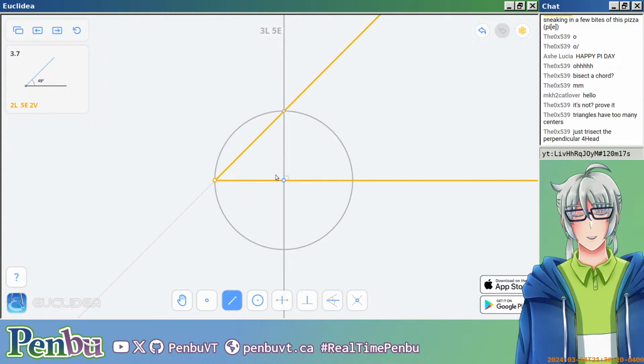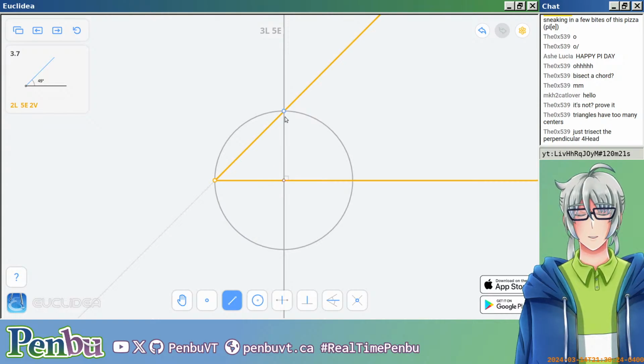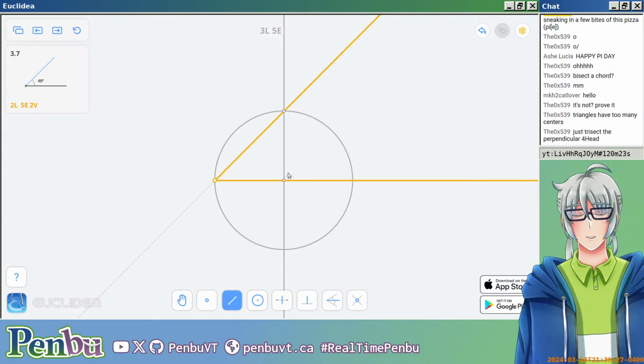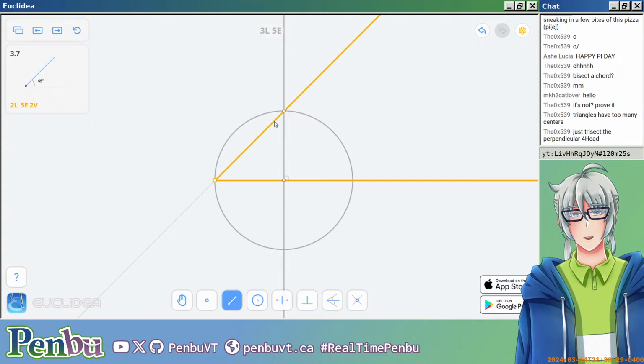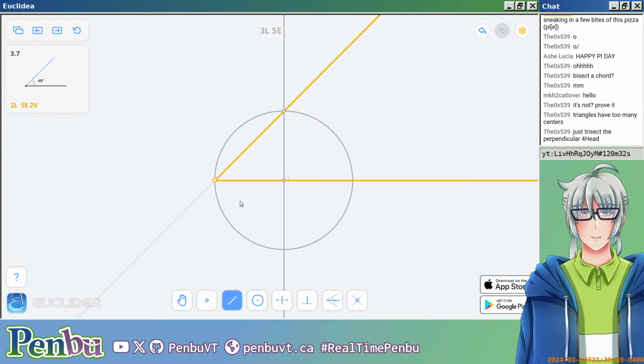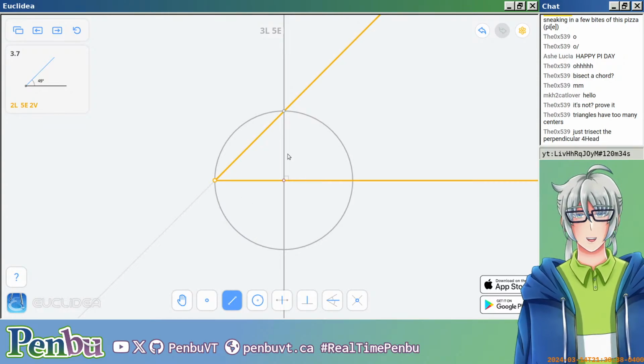I can't say I fully understand that either. Oh, no, because these two sides are equal. If these two sides are equal, that means these two angles have to be equal. And if this is 90, that means the other angles have to be 45. Okay, that makes sense.